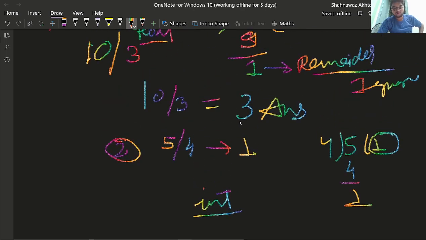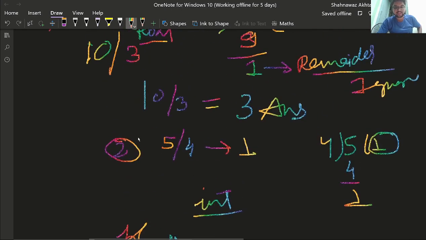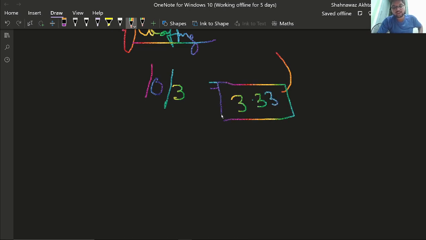Now what happens when it is performed with the floating type? All right, when it performs with floating type, taking the same example, 10 by 3, when we divide it traditionally, we will get 3.33. So it will give this result only.